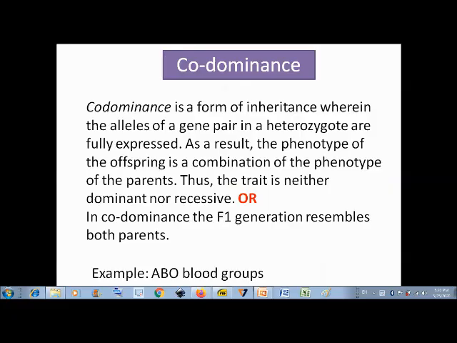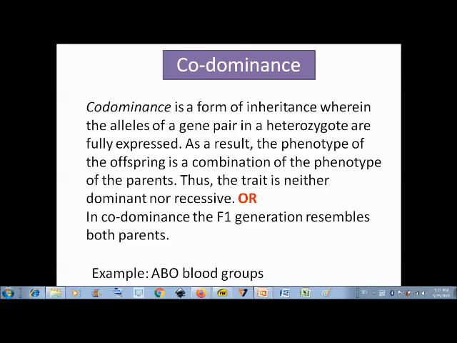Codominance. It's a form of inheritance wherein the alleles of a gene pair in a heterozygote are fully expressed. As a result, the phenotype of the offspring is a combination of the phenotypes of the parents. Thus, the trait is neither dominant nor recessive.